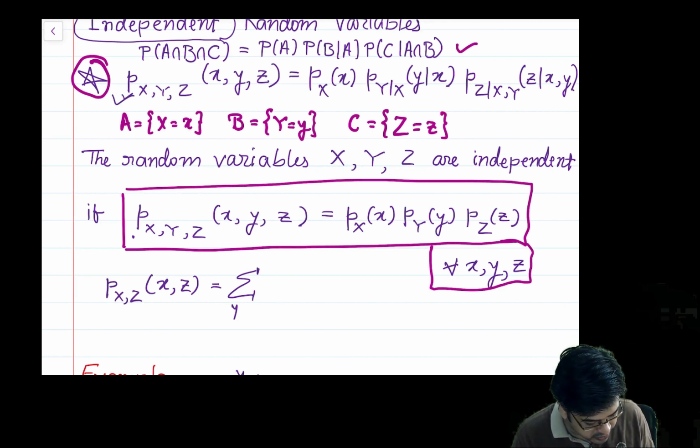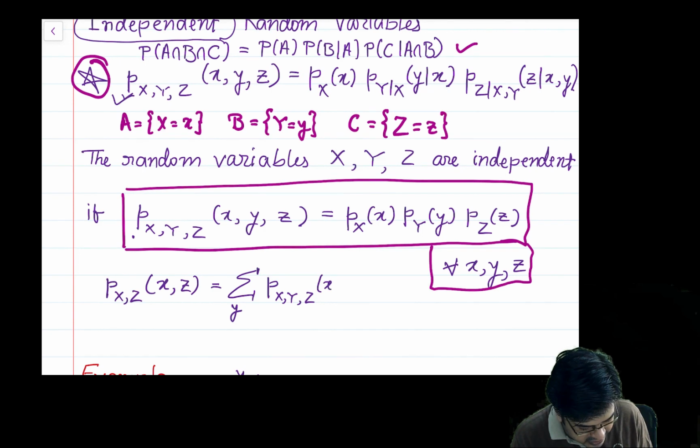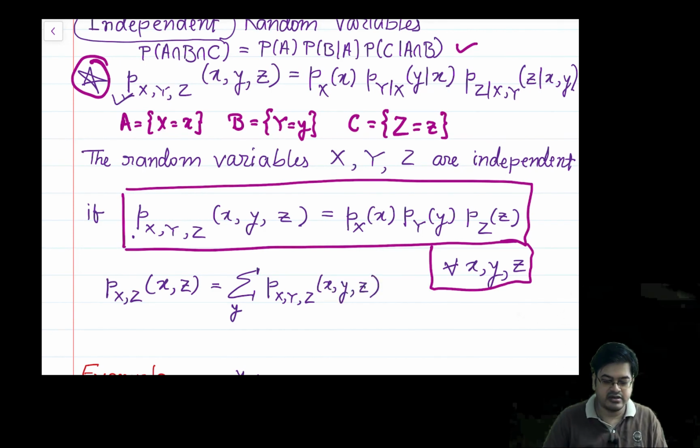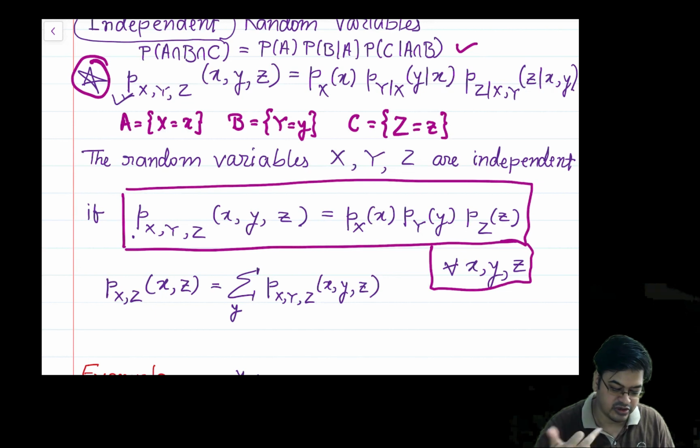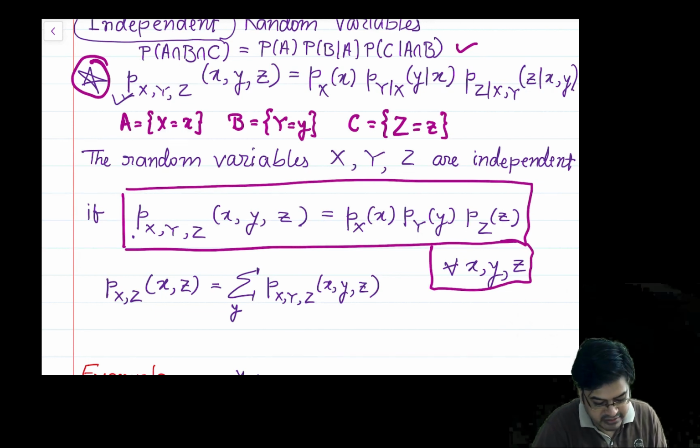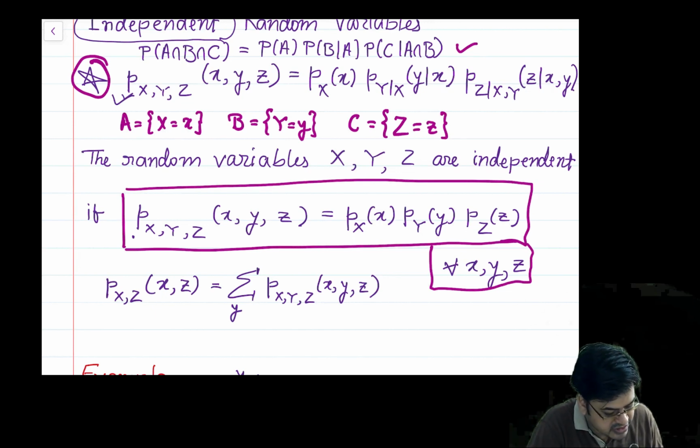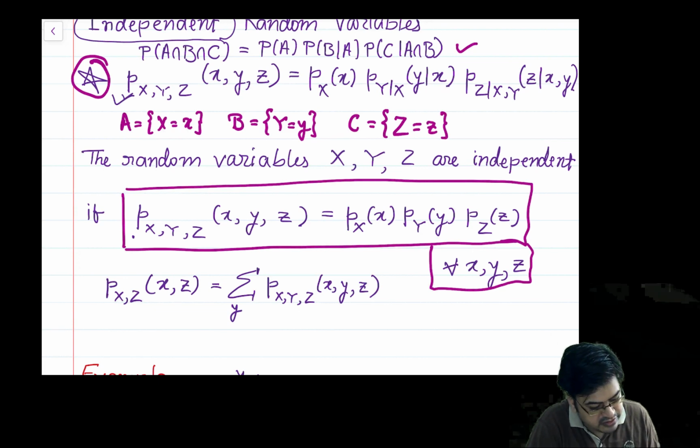So sum over y of P XYZ at x, y, z. If this is not clear to you, go back and check our notion of marginal PMF of Y and check the notion of conditional probabilities. So what I am essentially doing is multiplying this with P_Y(y) and summing it over. Okay, so I got this.